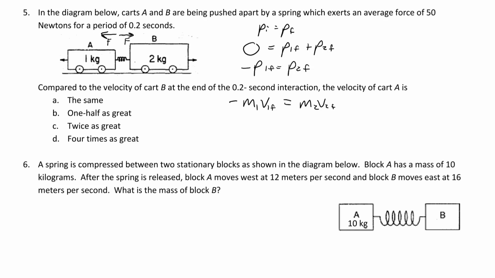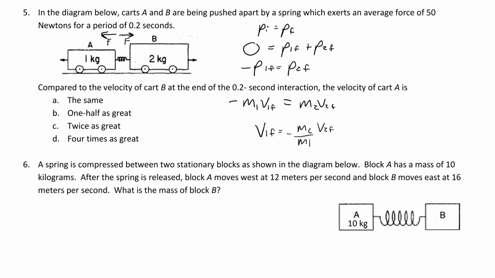I'll describe it conceptually as well after this. So you want to solve for A or B. Let's see. The velocity of cart A is what? So let's solve for this variable. So V1F is equal to M2 times V2F divided by a negative M1.